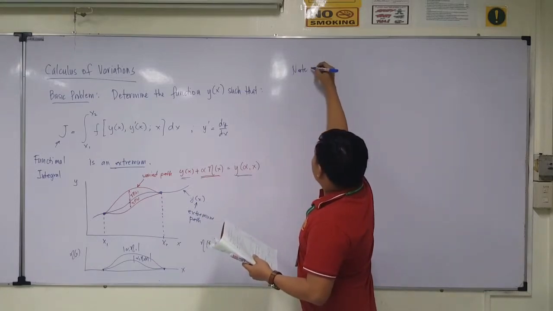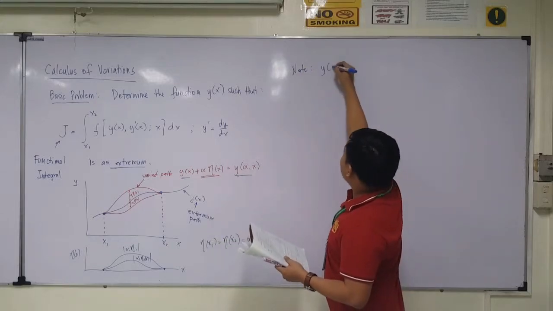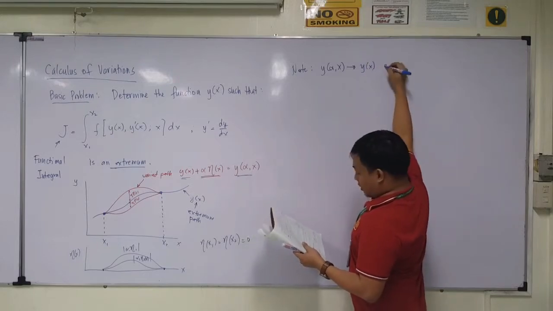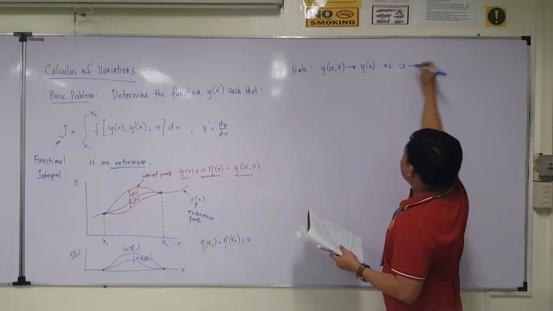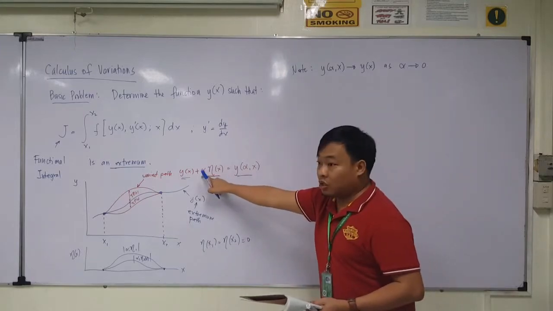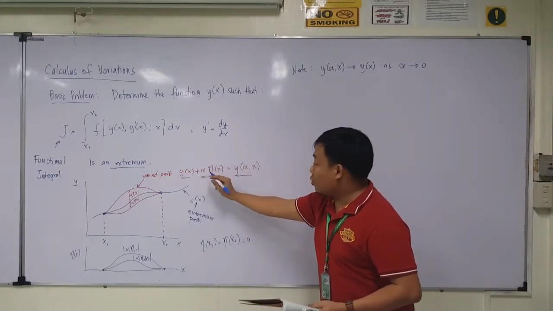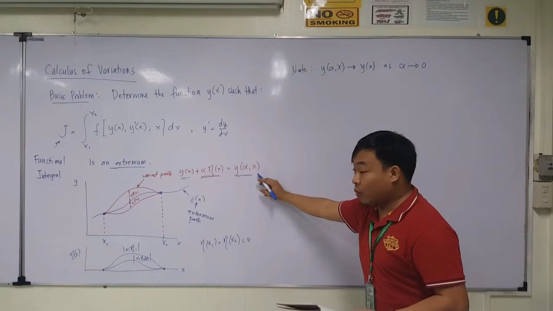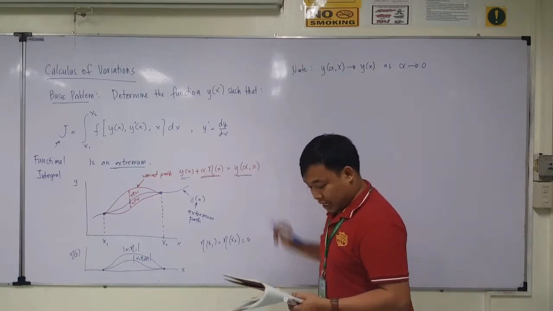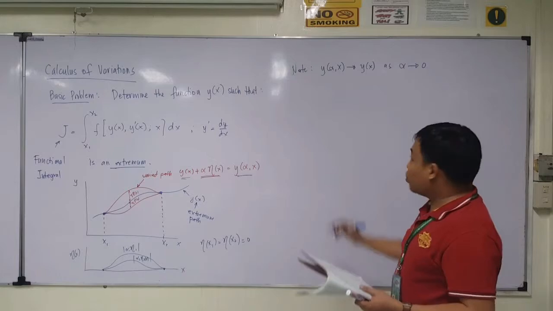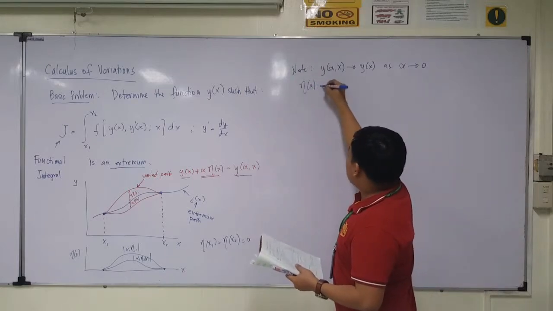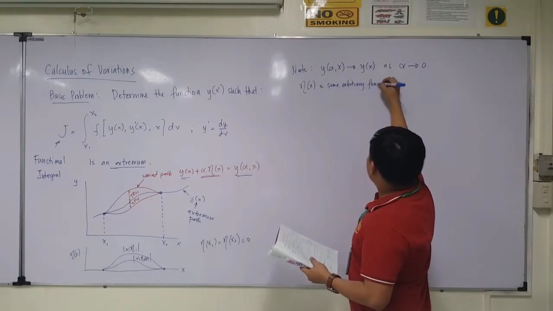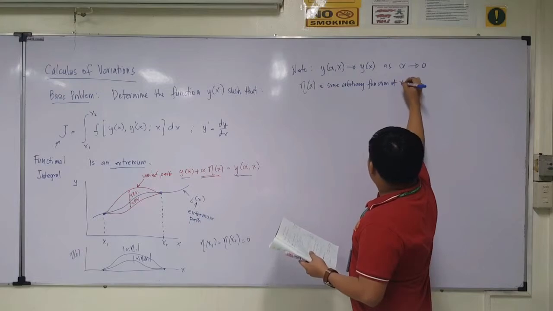Here we note that y of alpha and x would approach y of x as alpha approaches 0. So this is what we're actually going to do: approach alpha to 0 so that y of alpha and x will approach y of x. And nu of x is some arbitrary function of x.